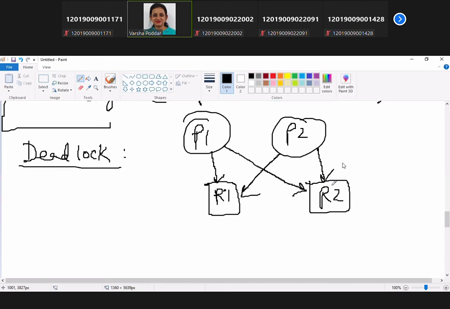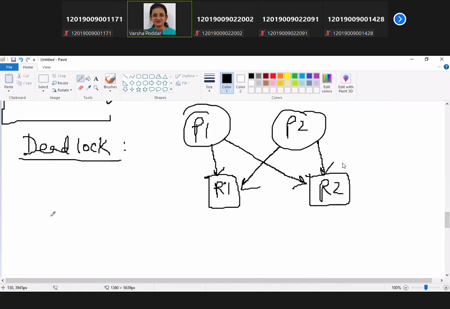In this scenario, there are 4 conditions. Only when all four are true will deadlock happen.